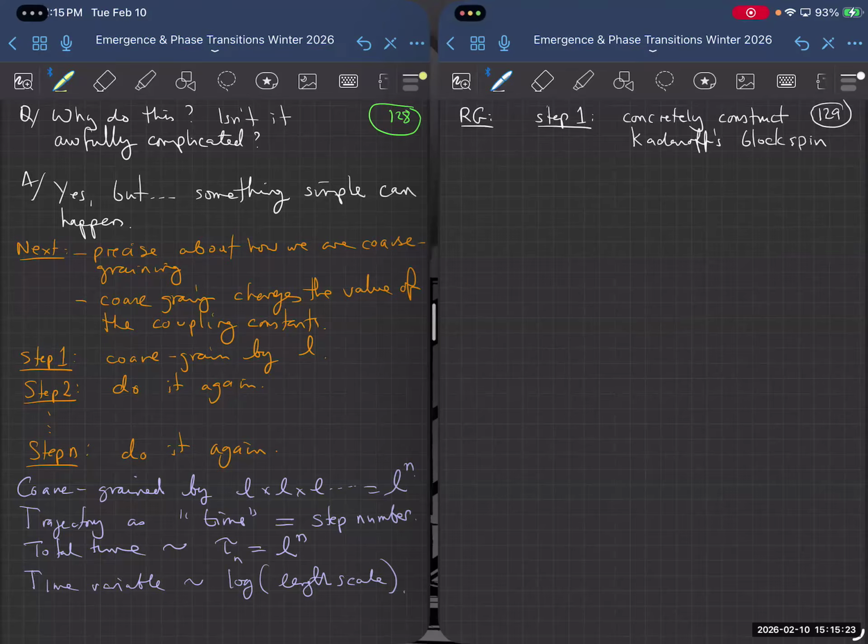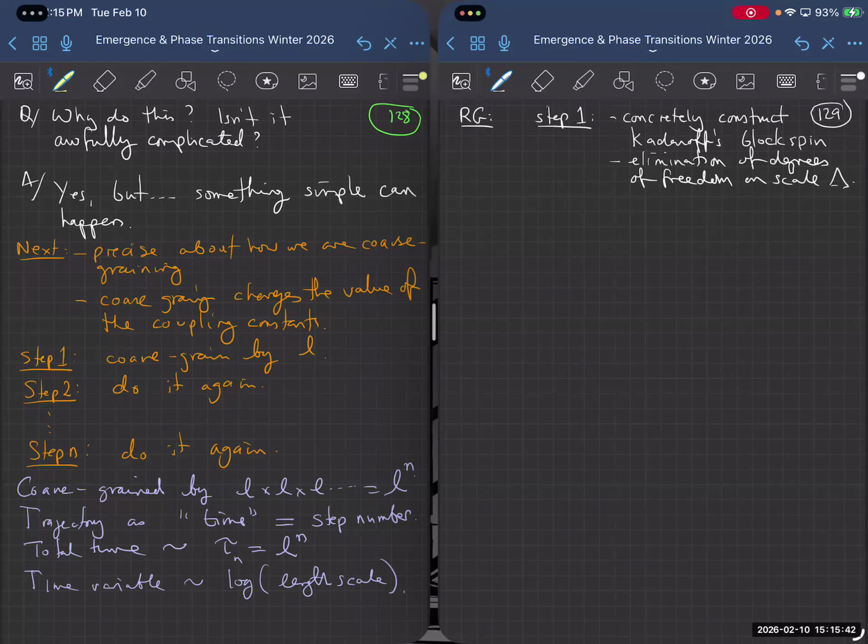And this is basically the elimination of degrees of freedom on a scale lambda.